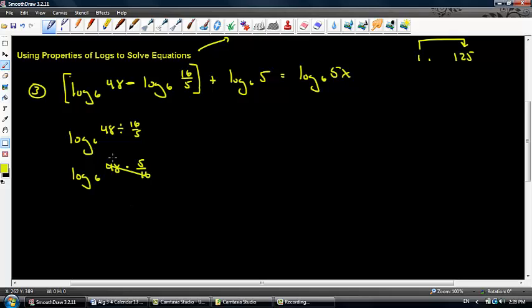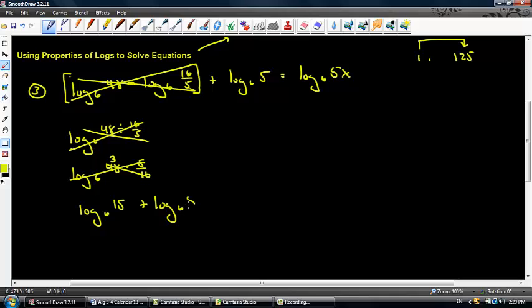Those are going to cancel each other out. I have a 3 up top. 48 divided by 16 is 3. So what I really have is log base 6 of 15. And that's what happens when all of this is done. Log base 6 of 15 plus log base 6 of 5 equals log base 6 of 5x.